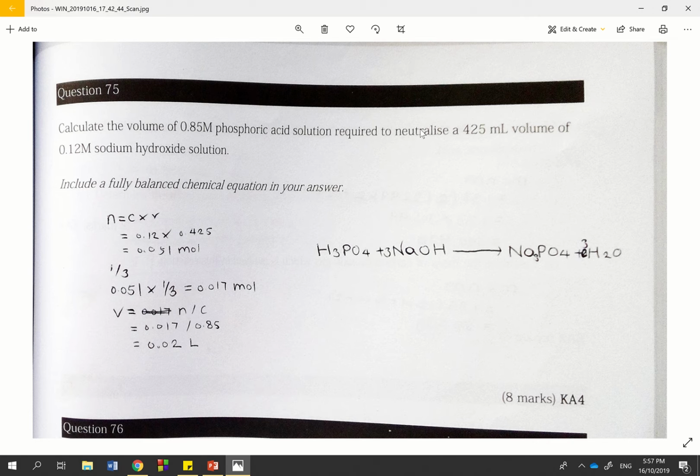So given what we have, the first thing we do is write a balanced chemical equation like it says here. This is actually a hint, not a requirement. Yeah, and it's written out here.